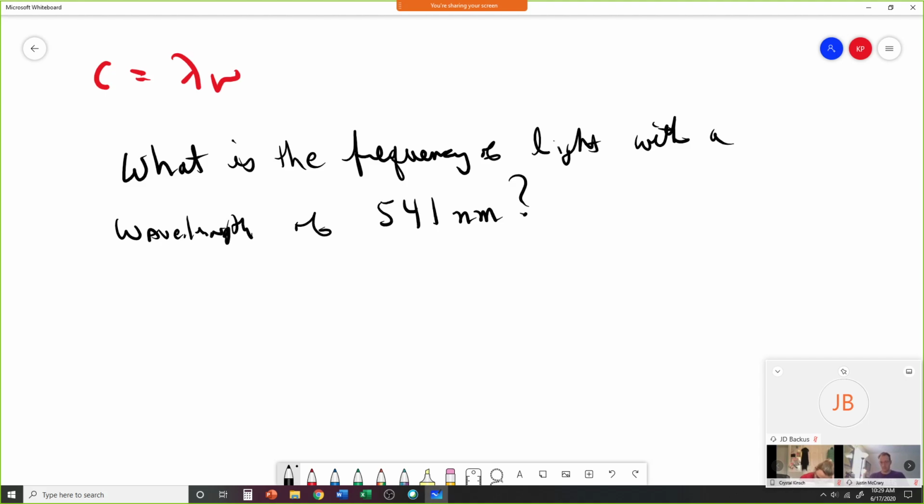Now, is 541 nanometers in meters? The answer is no, it's not. It is in nanometers. If you're running around in a spectroscopy lab or something like that, no one ever says nanometers. They say, turn the dial to 541. It's convenient. Everybody knows what you're talking about. They know you mean 541 nanometers.